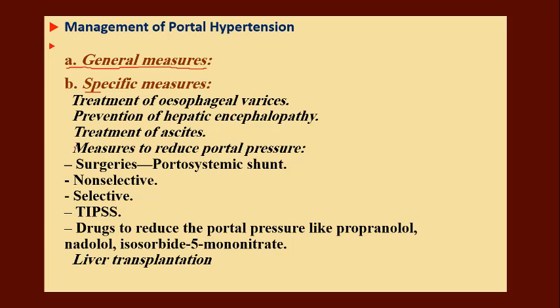Surgery by portosystemic shunting. TIPS. Drugs to reduce the portal pressure like propranolol, nadolol, and isosorbide 5 mononitrate. And the last is liver transplantation.